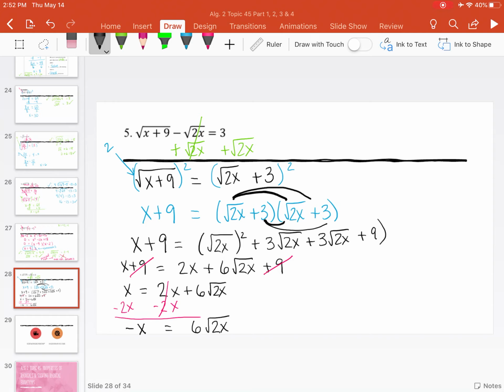Now in order to eliminate my radical, I'm going to square both sides because the index here is 2. If I have negative x times negative x, a negative times a negative is positive, so this will leave me with just x squared equals, now 6 squared times square root of 2x squared.